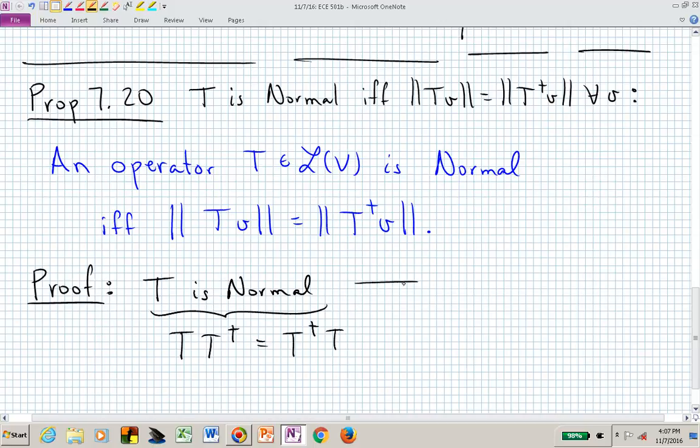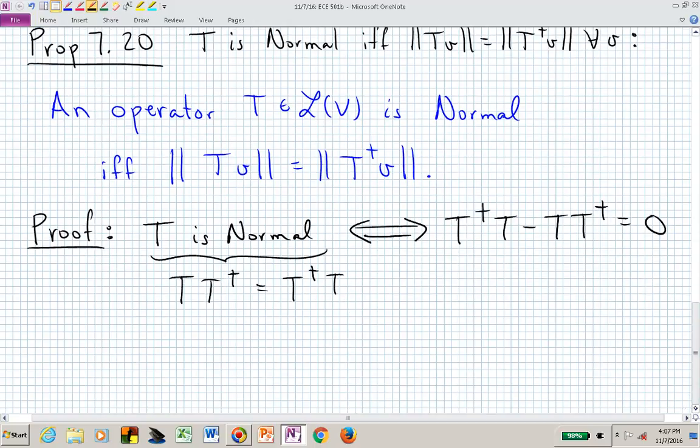But that really can be written as, if we move one of those to the other side, we can say then that T being normal is equivalent to T dagger T minus T T dagger being equal to the zero vector, or the zero operator, I should say.